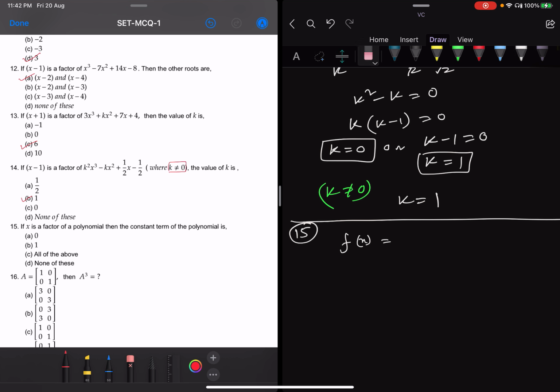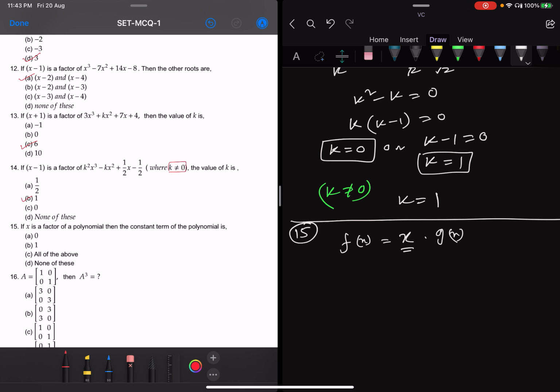Now as x is a factor of f(x), that means f(x) has the expression of this form: x into some other part, it may be ax square plus bx plus c. It may be like that or any other thing, whatever it may be. It may be a cubic equation or quadratic equation, whatever it may be.